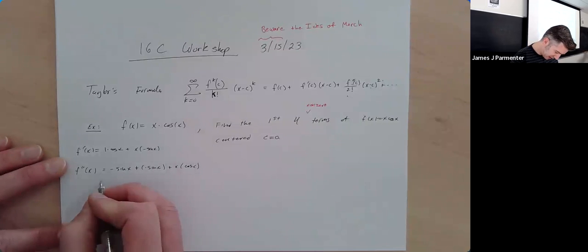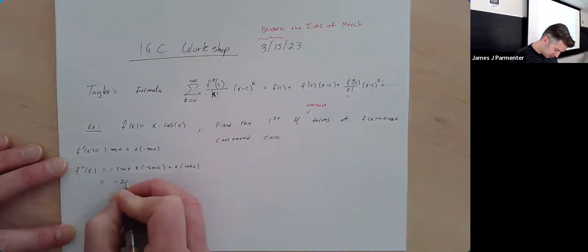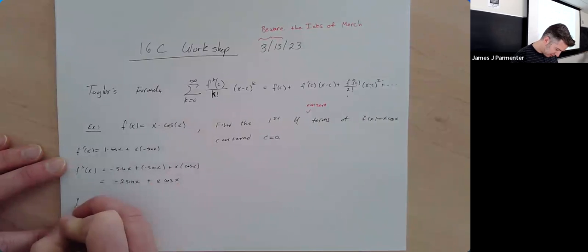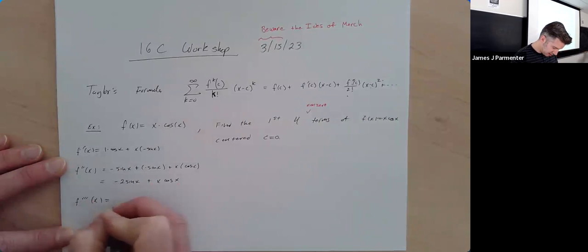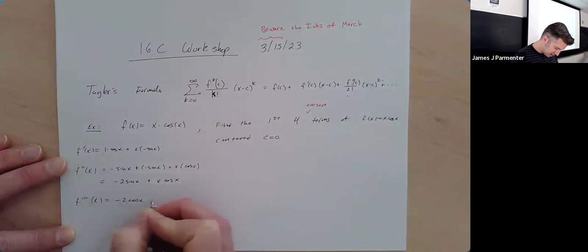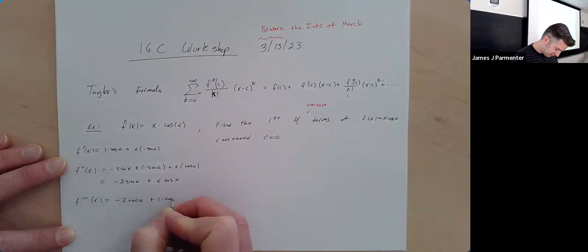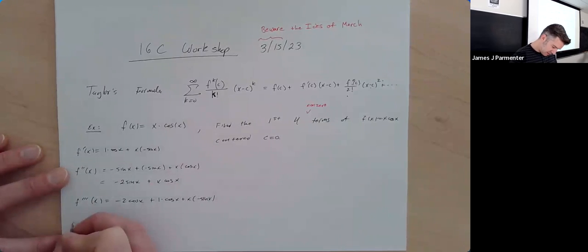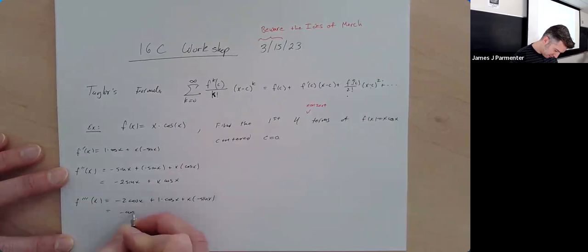I can simplify this a tiny bit. I've got a negative 2 sine of x plus an x cosine of x. So if I find the third derivative, it's going to be negative 2 cosine of x plus 1 times cosine of x plus x times negative sine of x. And we'll go one more. So that's going to equal negative cosine of x minus x sine of x.